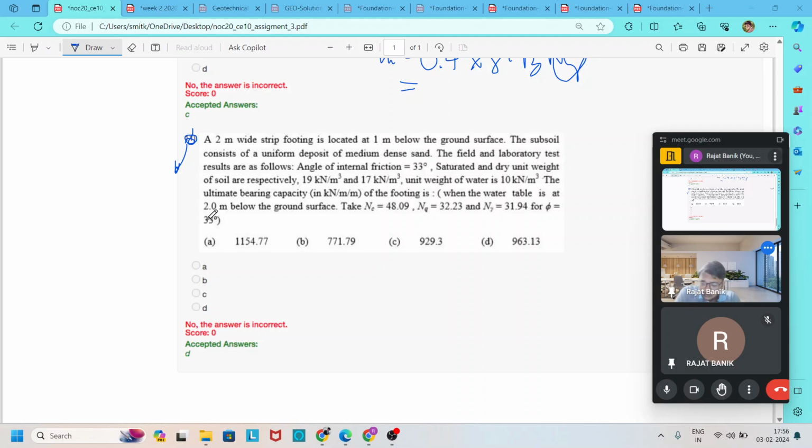The subsoil consists of a uniform deposit of medium dense sand. The field and laboratory test results are as follows.